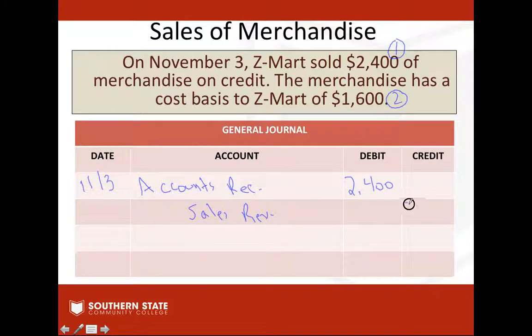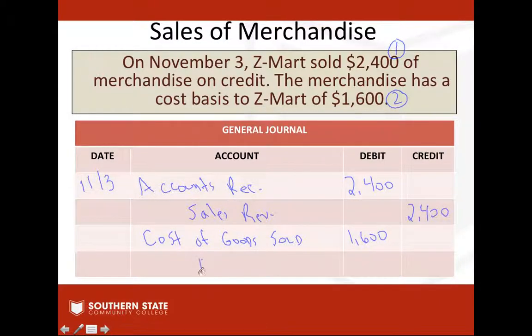We have done that entry so many times, you are probably sick of it by now. Or maybe you're just sick of accounting in general. I don't know. The second entry, we have to record the cost that we had paid for that merchandise and take it out of inventory. So we need an expense account called cost of goods sold. And as I always say, your expenses are almost always going to be debits.